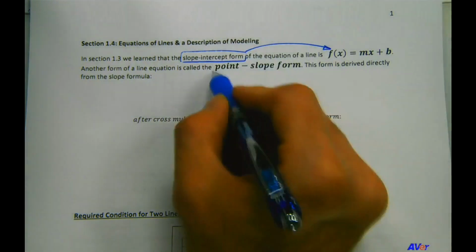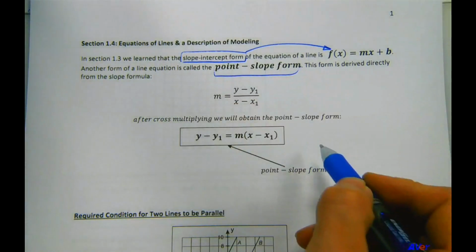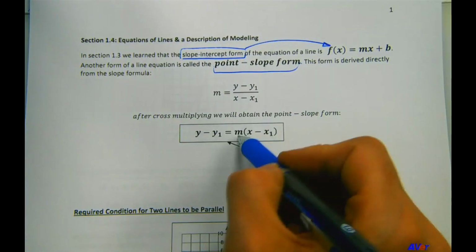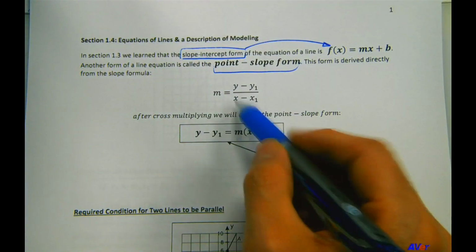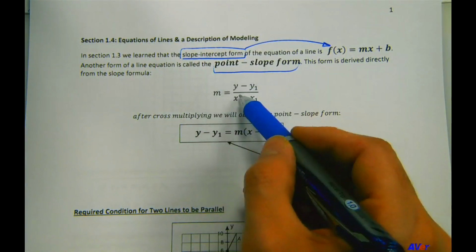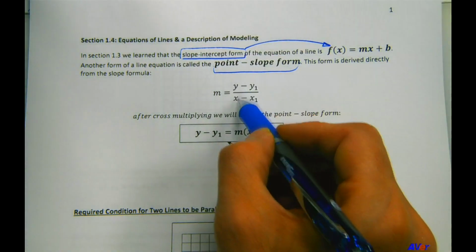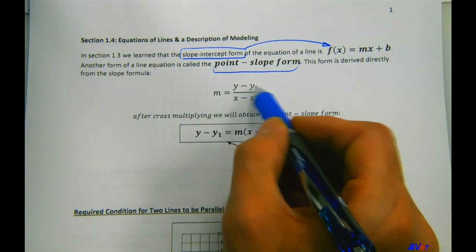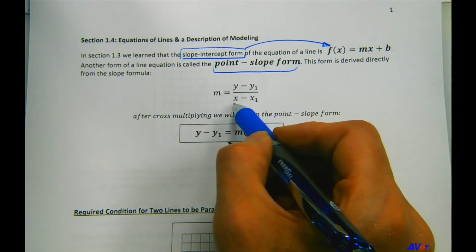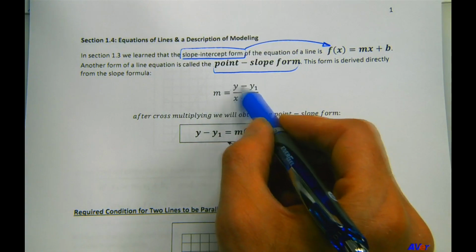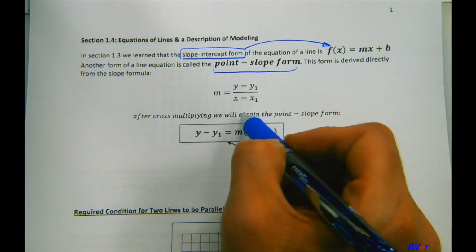So there's another form of a linear equation. It's called the point-slope form, and it's y minus y1 equals m times x minus x1. So where does it come from? It simply comes from the slope formula with the y and x represented in the numerator and the denominator. So instead of y1 minus y2 or x1 minus x2, we have y minus y1, x minus x1. Makes no difference.